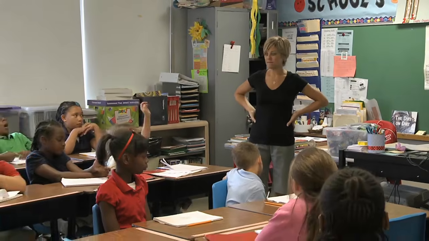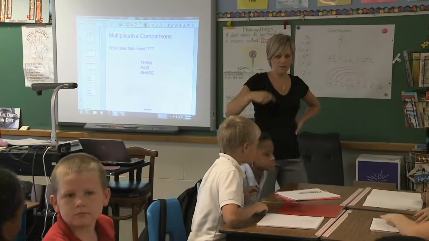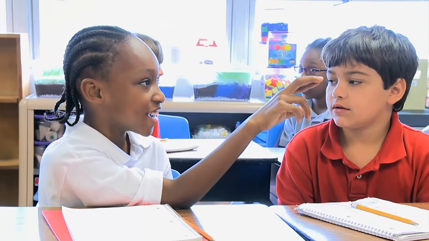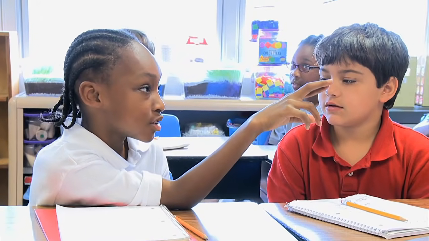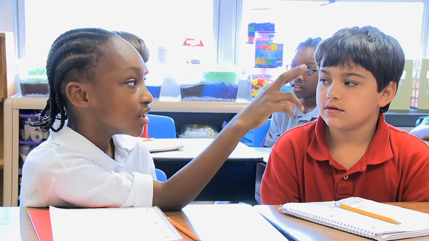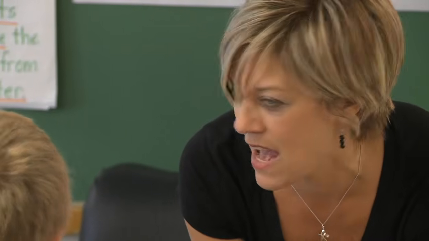You're thinking. Pair up with your partners sitting around you. Talk about it. What do you think it means? Multiplication and then compare. We compare the multiplications together. Multiply. What about comparison? What's the word in there?